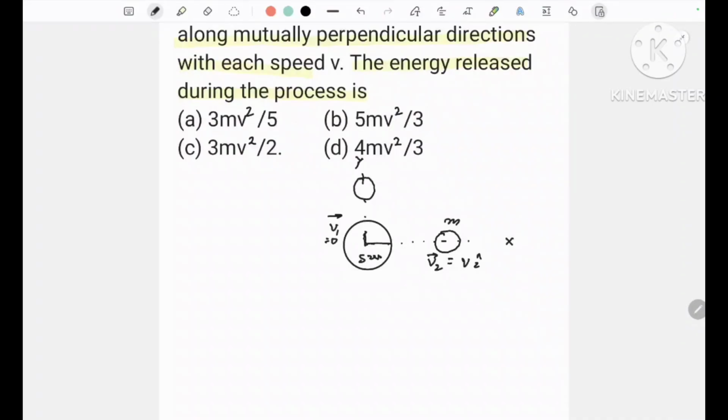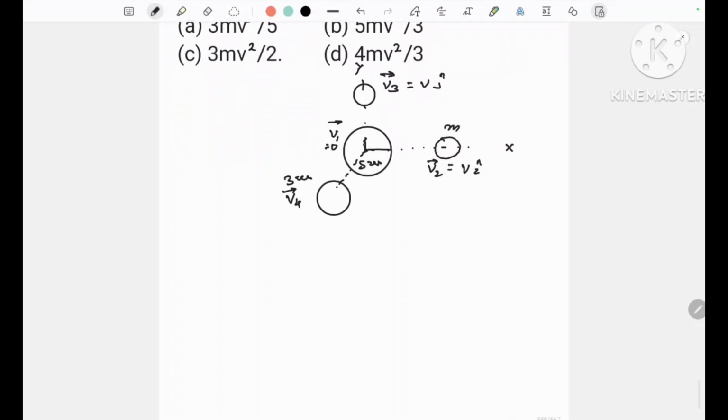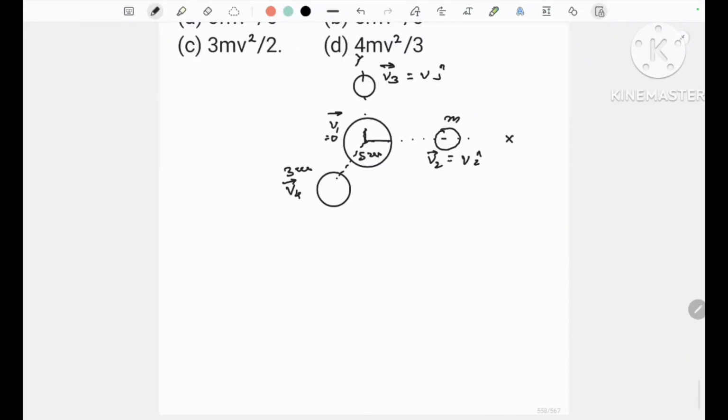Second part goes in direction of y, its velocity is v3, v j cap. And the third one goes in another direction with mass 3m and velocity v4. By momentum conservation, initial linear momentum will be equal to final linear momentum.